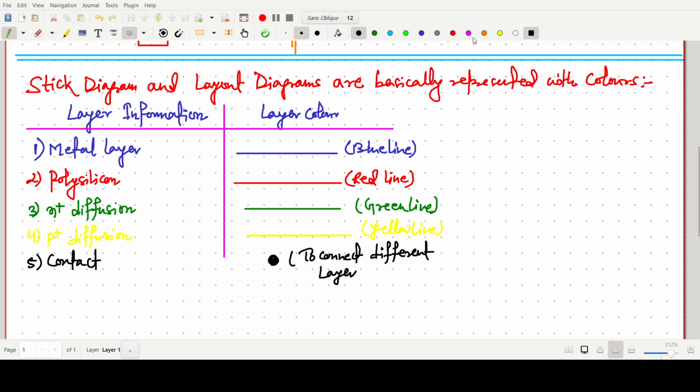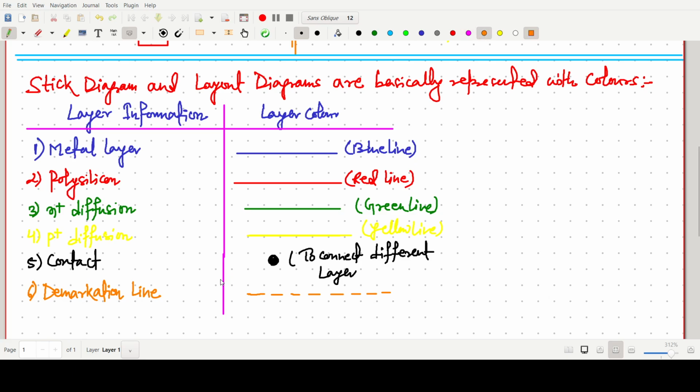In addition to that, one more important thing is there, the sixth one, having brown color, the demarcation line. Demarcation line is basically a dotted line. It is used to separate NMOS and PMOS.